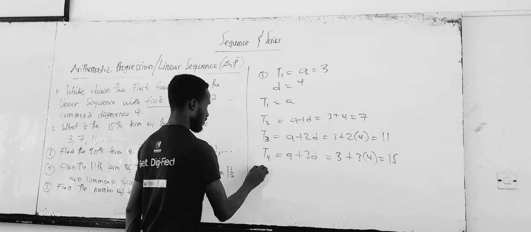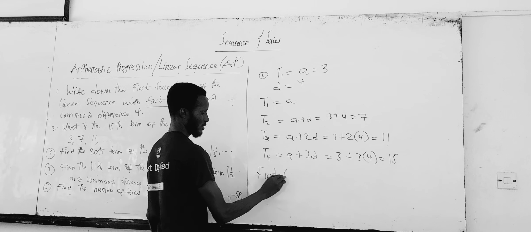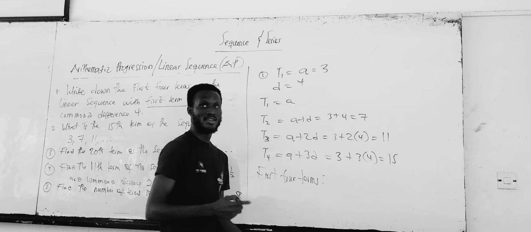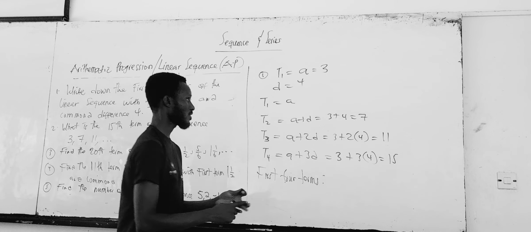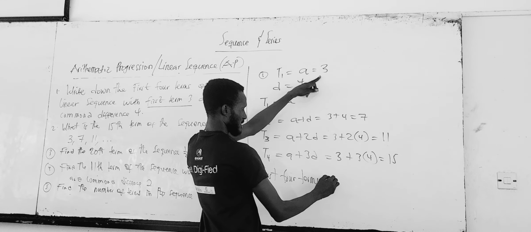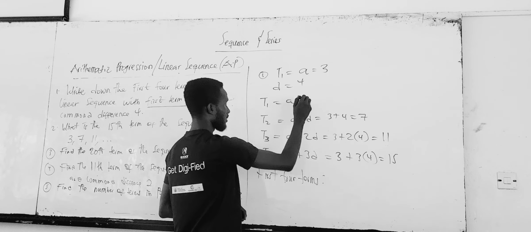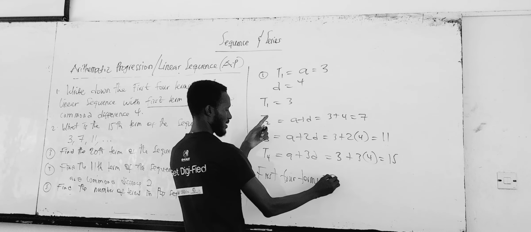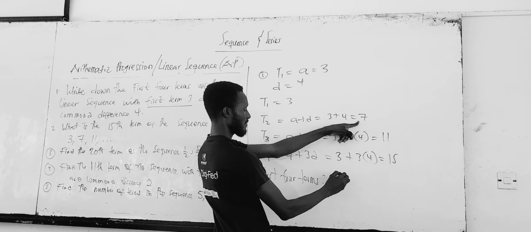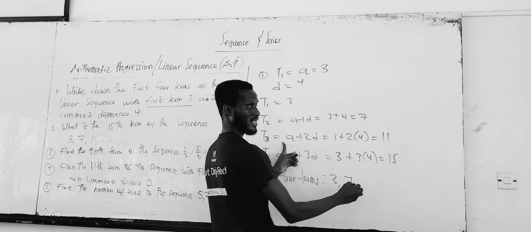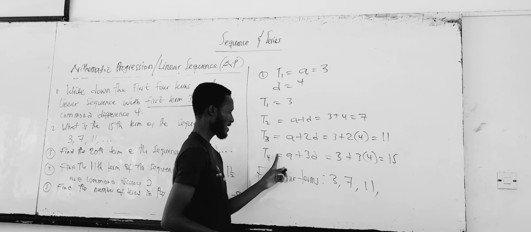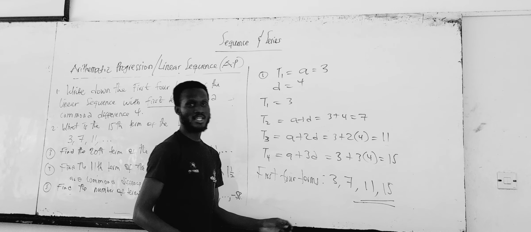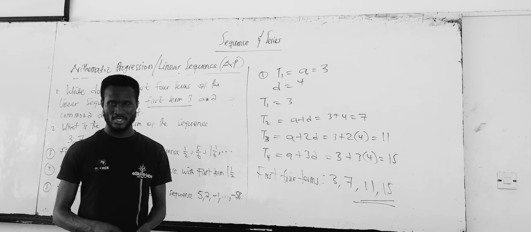It means the first 4 terms are: the first term 3, the second term 7, the third term 11, and the fourth term 15. This is the first 4 terms of the sequence.